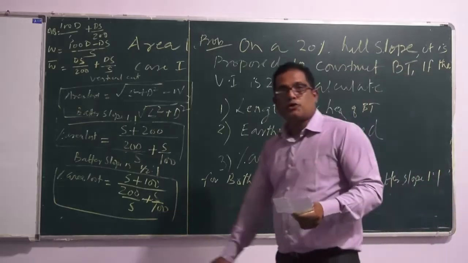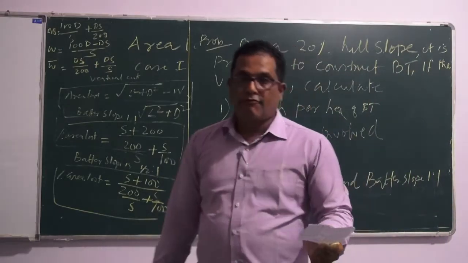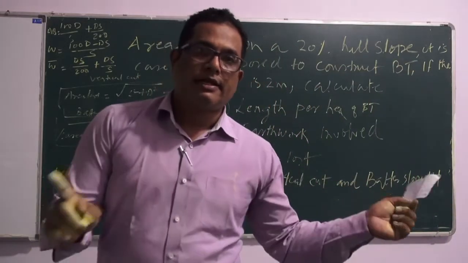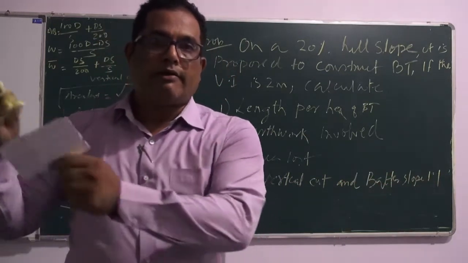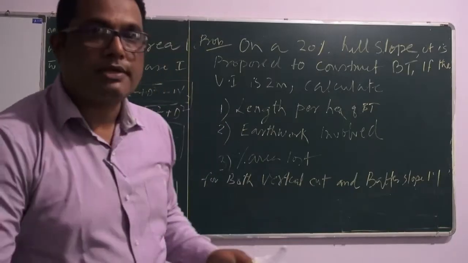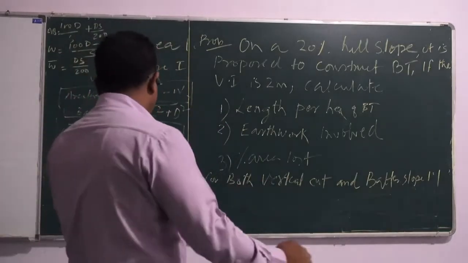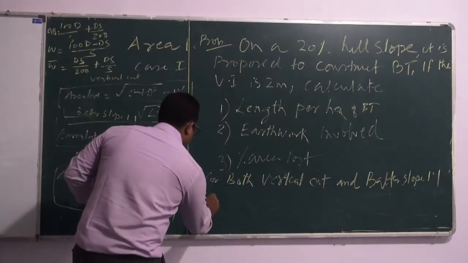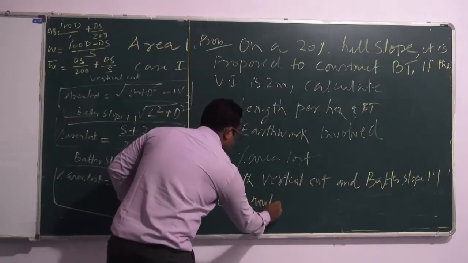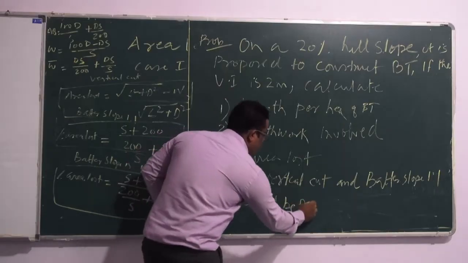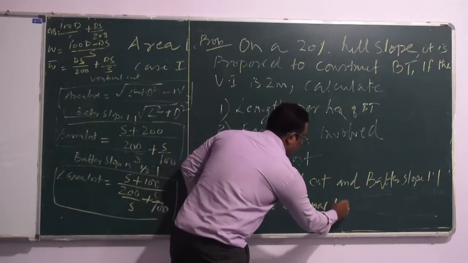And of course, the cut should be equal to the fill. For an economic reason, it is always kept the cut should be equal to fill. Whatever the cut material is there, it will be filled on the downstream side to construct the bench terraces.